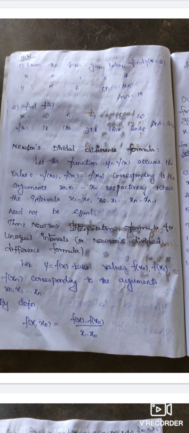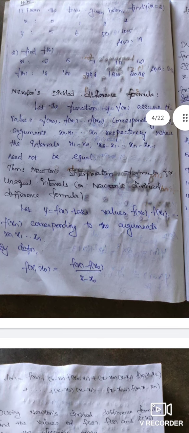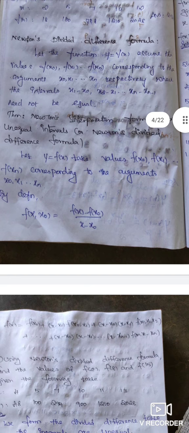Newton's interpolation formula for unequal intervals is the Newton divided difference formula. Let y is equal to f of x. Take values f of x0, f of x1, etc., f of xn corresponding to the arguments x0, x1, etc., xn. By definition, f of x, x0 is equal to f of x minus f of x0 divided by x minus x0.